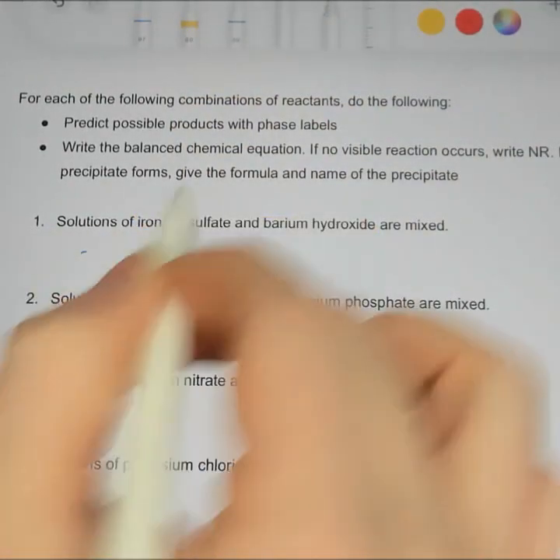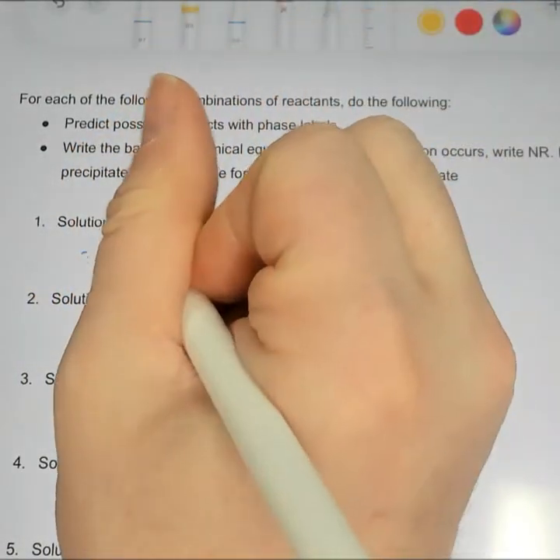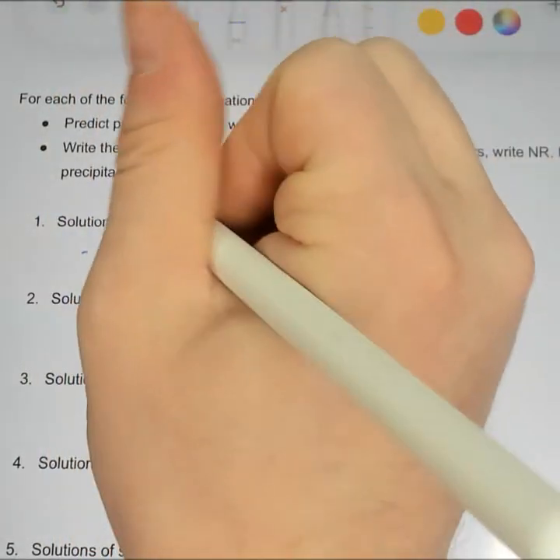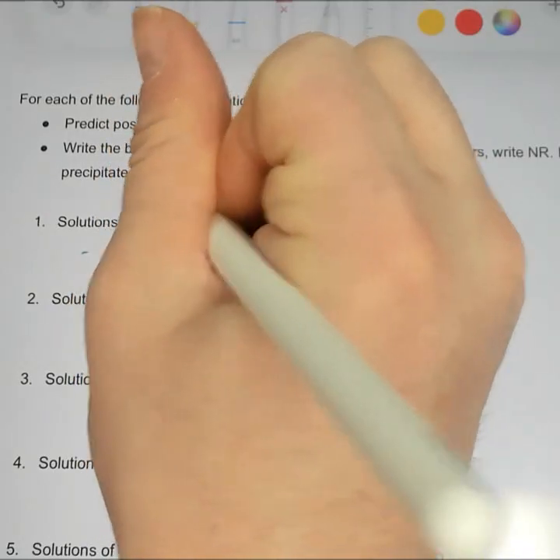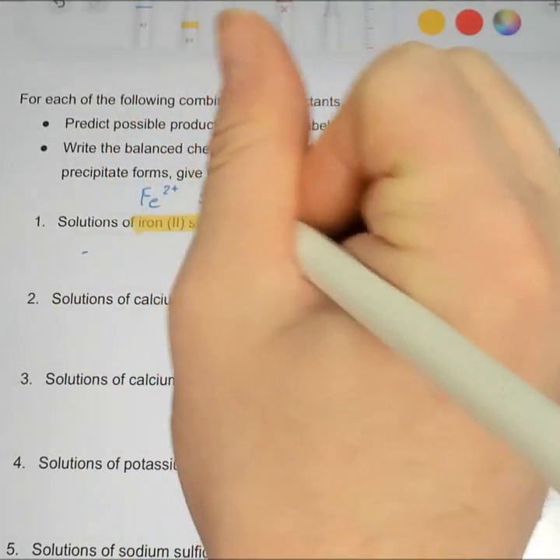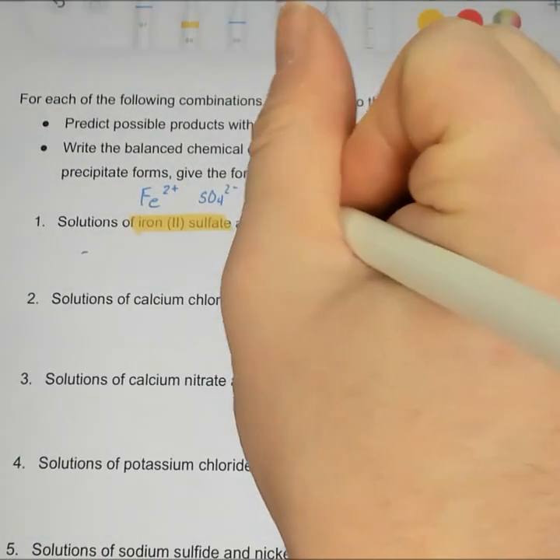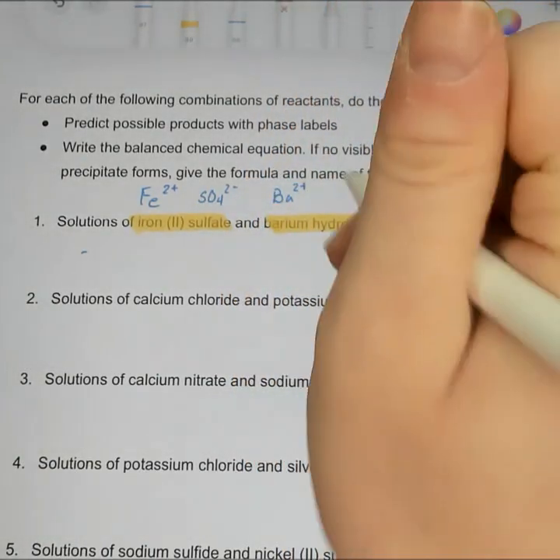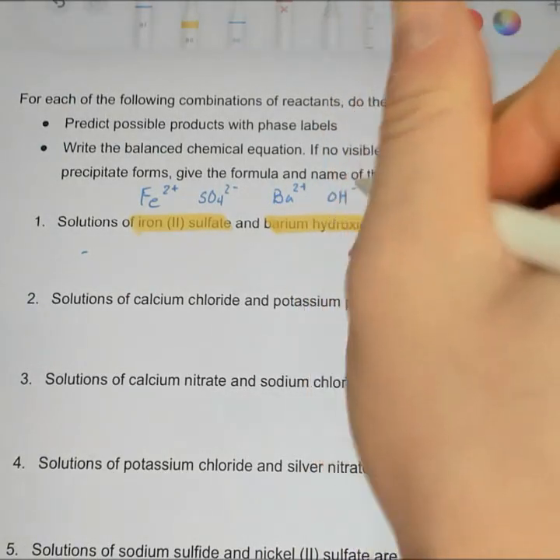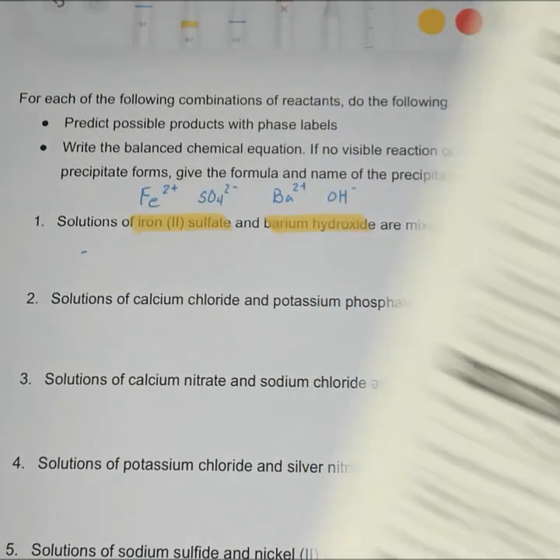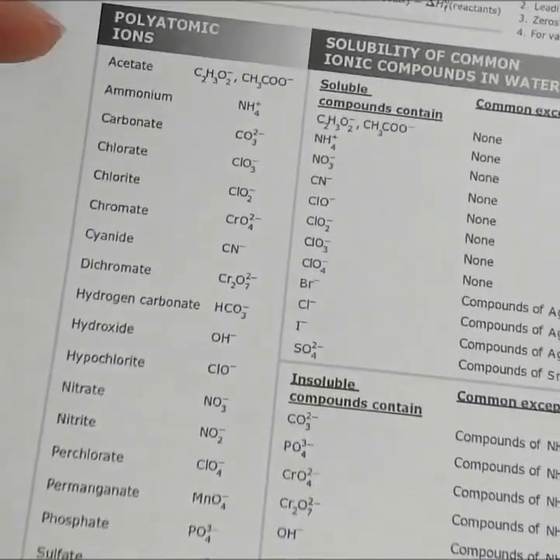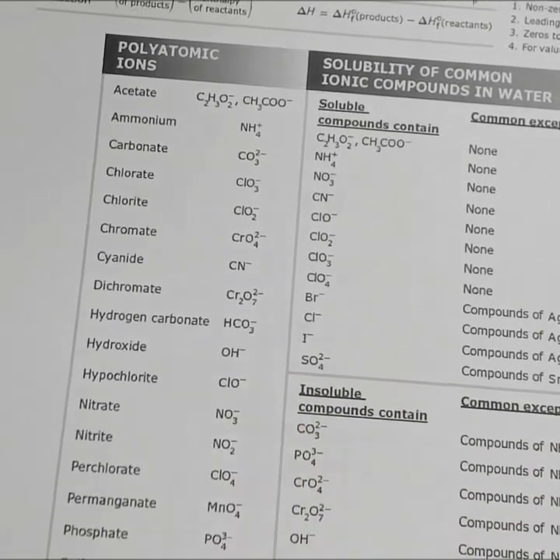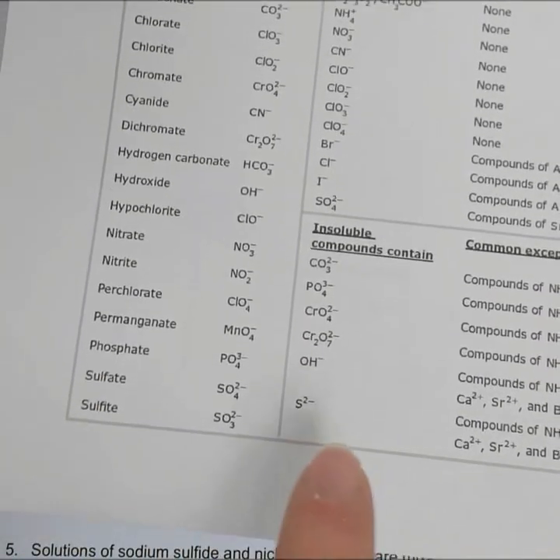I'm going to write this stuff up here. Sorry, guys. Iron is Fe 2+. Sulfate is SO4 2-. Then barium, based off the periodic table, we have a 2+. And hydroxide is OH minus. Again, if you don't know where I'm getting those, I am either getting them off the periodic table or I'll probably challenge. So hydroxide, OH minus. I think we had sulfate, SO4 2-.